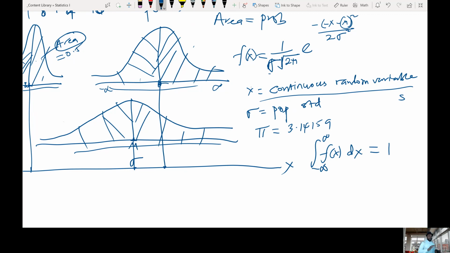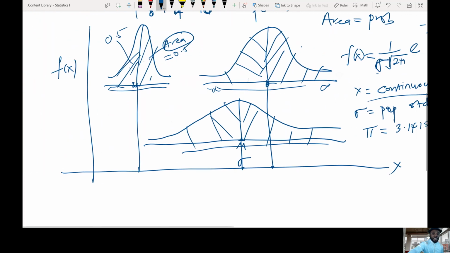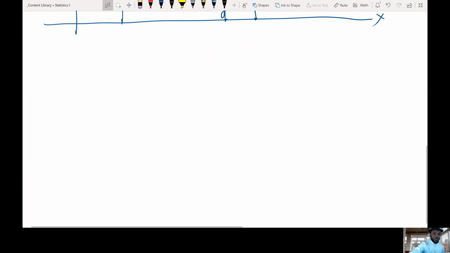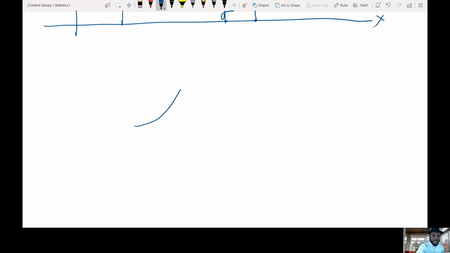That's the total area. But that's not what we're looking at in this course. So let me clean this out so it doesn't confuse you. Let's get back to our normal distributions. Let me draw a much cleaner one. This looks more symmetrical.